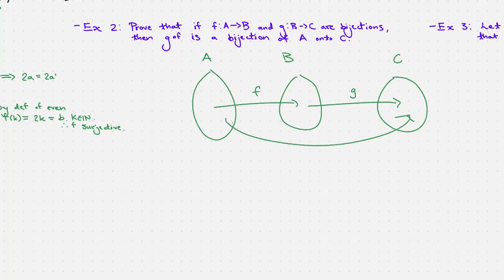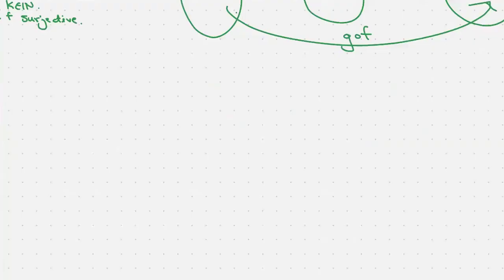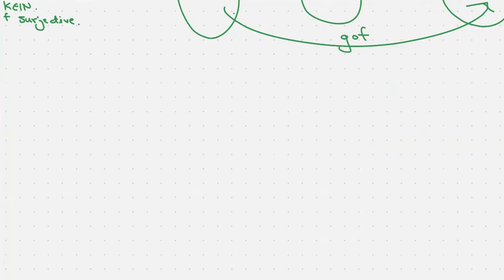Okay, so to show that this is a bijection, let's split it into parts. We're going to split it into the injection part first. I'm just going to do one-to-one.